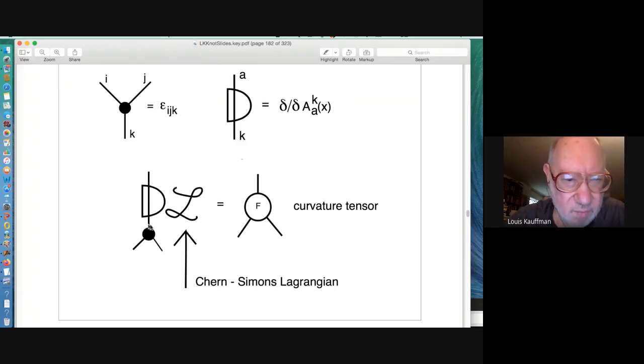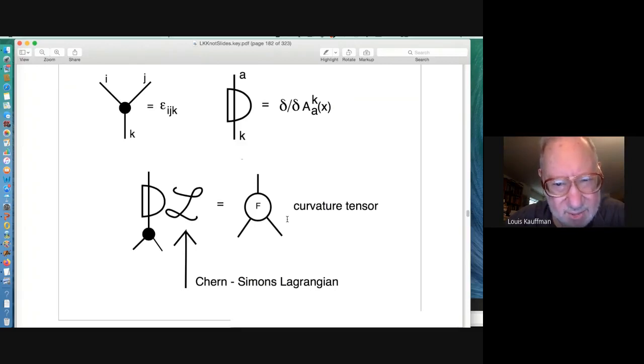So you need to tie in this index into an epsilon. You get two indices out for one index in. Like if this was 1, then this could be 2 and 3, or 3 and 2. And the upper index is the A. And the A is the Lie algebra, and the K is space. So these are space indices, and this is the Lie algebra index. Space and Lie algebra indices on the curvature tensor.